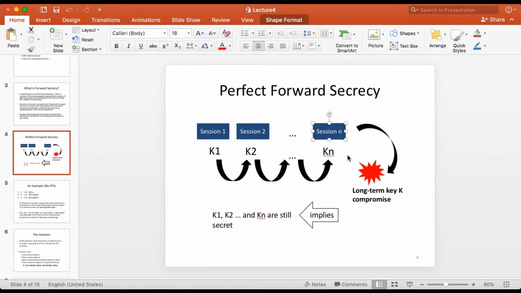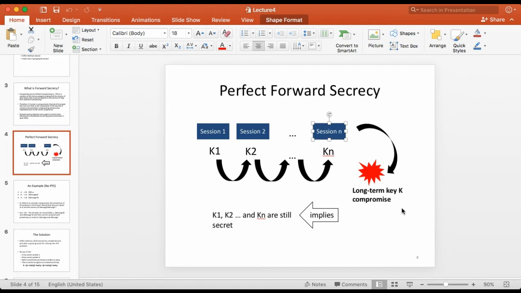That's all nice and perfect until we arrive at a point where the server, or Bob, or Alice, or any of the honest agents participating in the protocol, suddenly leaks, or essentially their long-term keys are compromised.